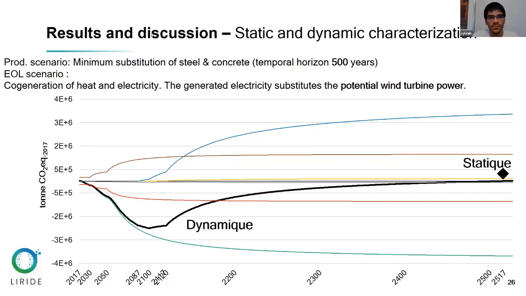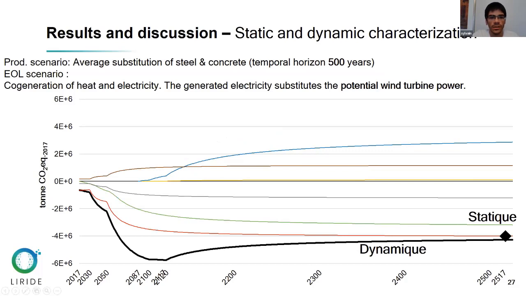In the next slide, please. So yeah, in this case, when the substitution of steel and concrete is the main driver, we have, like in the previous slide, the static just overestimates a bit the final result.